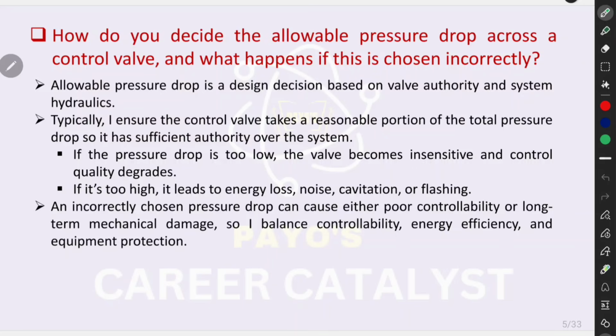If the pressure drop is too low, the valve becomes insensitive and control quality degrades. If it's too high, it leads to energy loss, noise, cavitation, or flashing. An incorrectly chosen pressure drop can cause either poor controllability or long-term mechanical damage. So, I balance controllability, energy efficiency, and equipment protection.